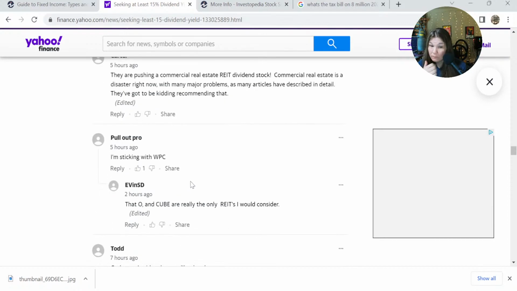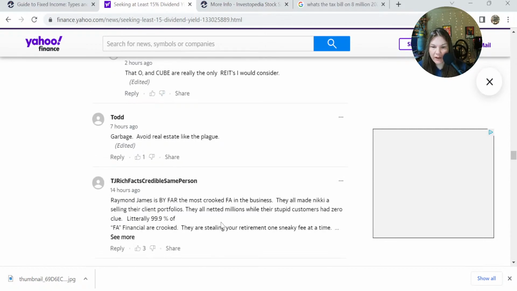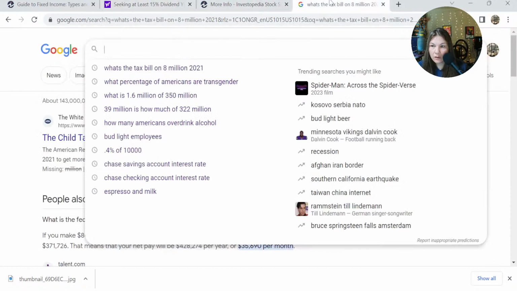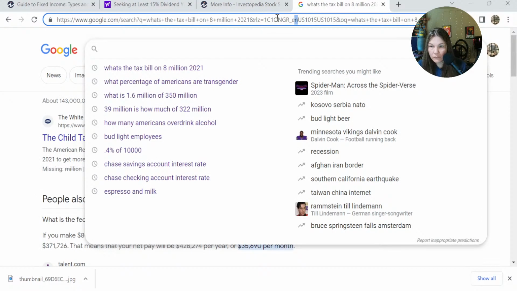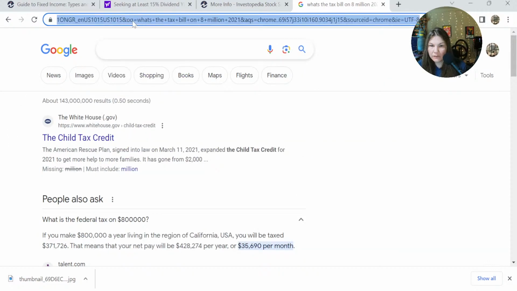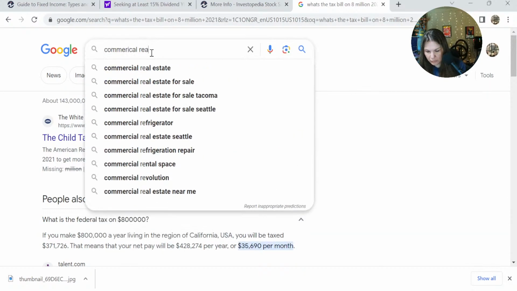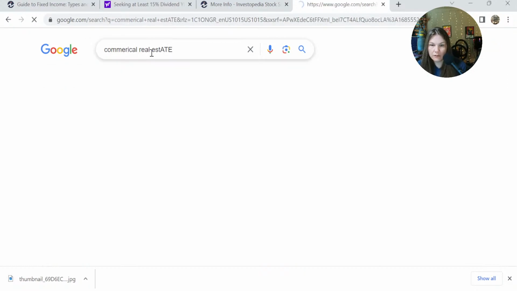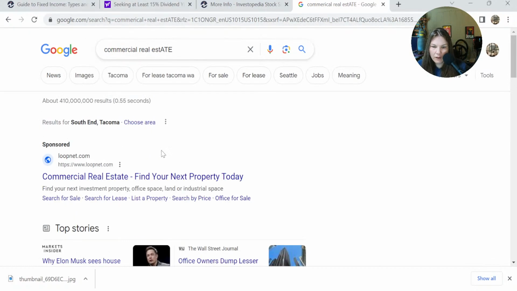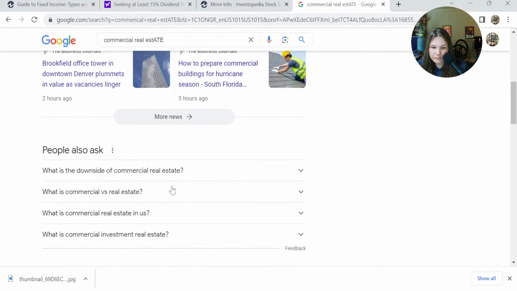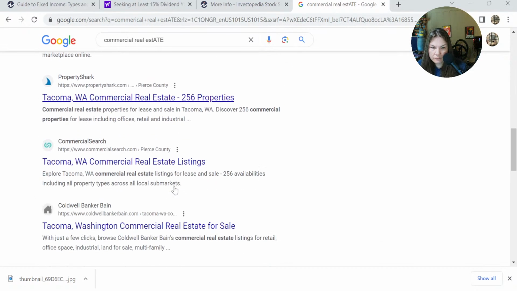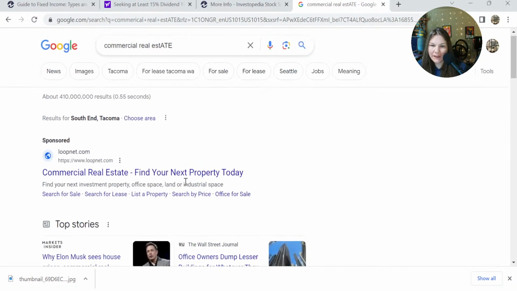Real talk, though. We just saw an article yesterday about commercial real estate. I don't know what's happening. We don't want it for sale.